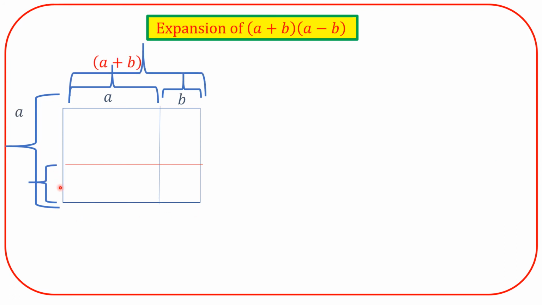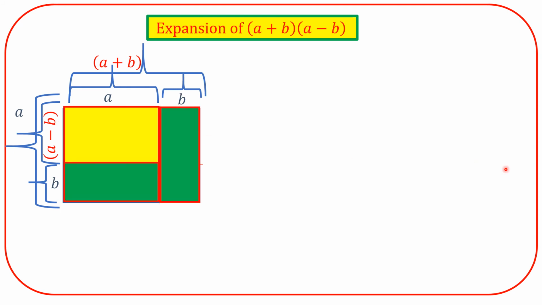This length is b. Therefore this is a - b. Now what is the area of this yellow rectangle? Length is a, breadth is a - b. Therefore a into (a - b).